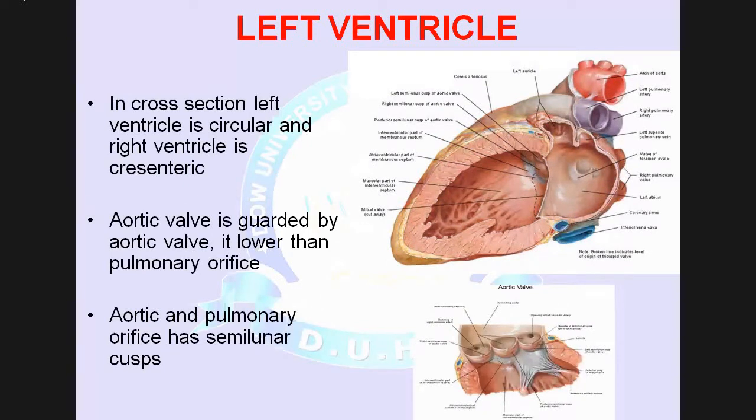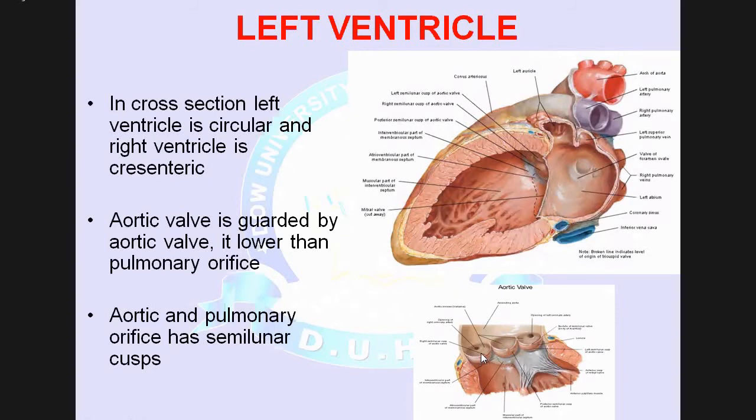So the aortic valve again consists of 3 valve leaflets, and these are also semilunar cusps, which you can see very clearly over here.